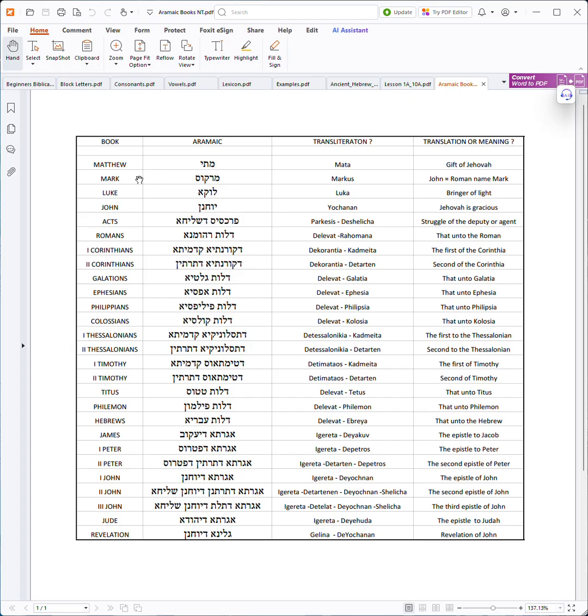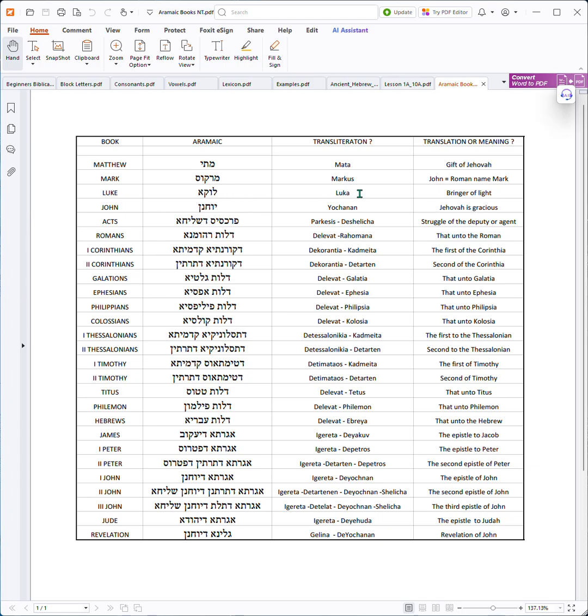This is John Mark. So this is Marcus. It's the Aramaic transliteration of a Greek word. So this is John Mark. John is his name, but his Roman name was Mark.